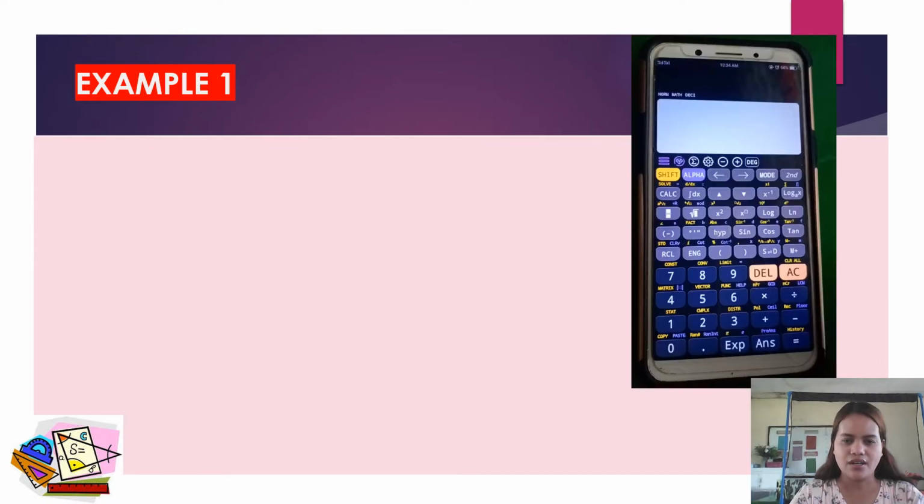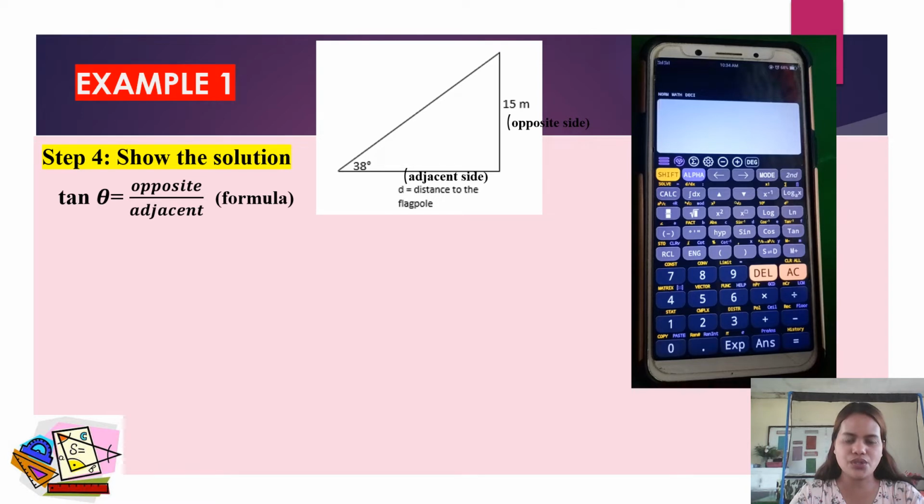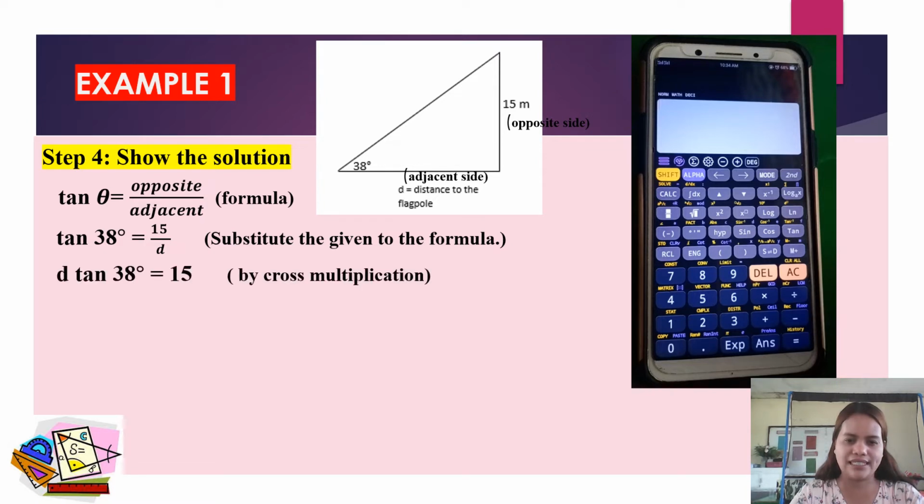Okay, next, we have step 4. So we have the figure, opposite side and the adjacent side. So you are going to show the solution. You're going to use tangent theta equals opposite over adjacent. That is our formula. You're going to substitute the given to the formula. So we have tangent 38 degrees equals 15 over D. By cross multiplication, we have D tangent 38 degrees equals 15.